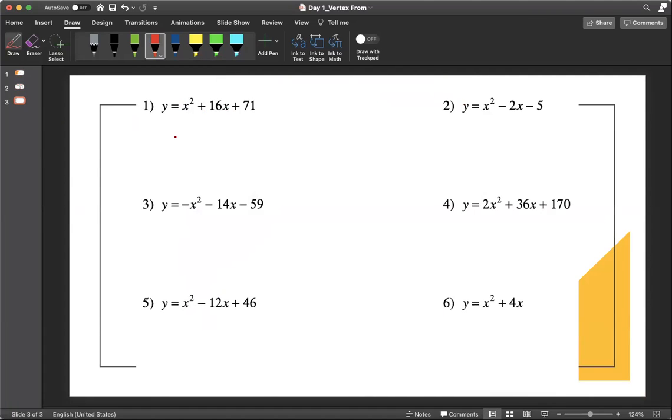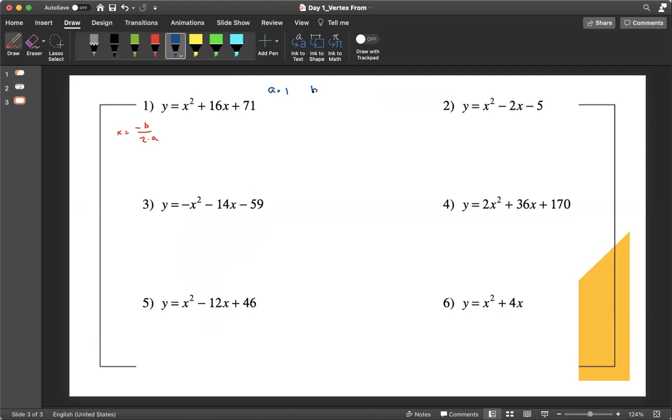So let's do some examples. So over here, first we have our formula, which is x is equal to negative b divided by 2a. So on the side, I'm going to tell you my a is equal to 1.